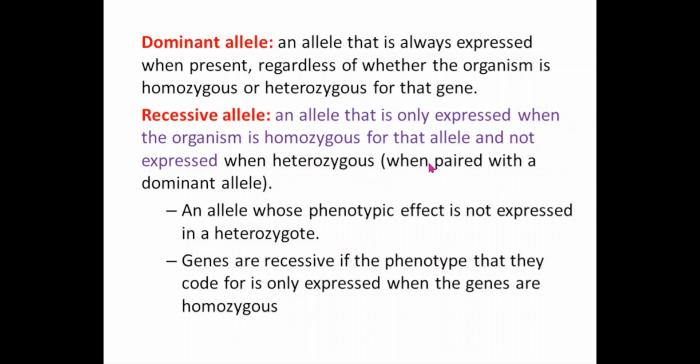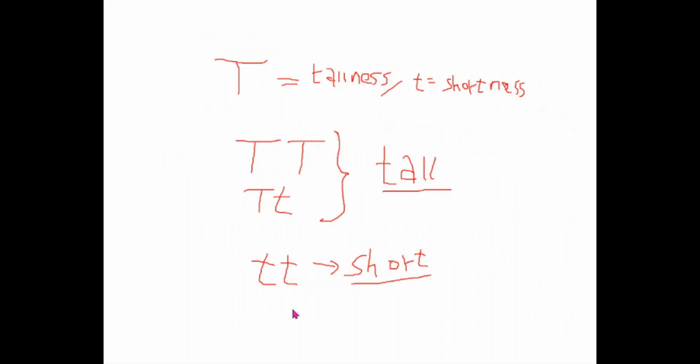When it is with a dominant allele, it will not be expressed because the dominant allele will dominate it. An allele whose phenotypic effect is not expressed in a heterozygote is recessive. Genes are recessive if the phenotype that they code for is only expressed when the genes are homozygous. It will be expressed when it is homozygous.